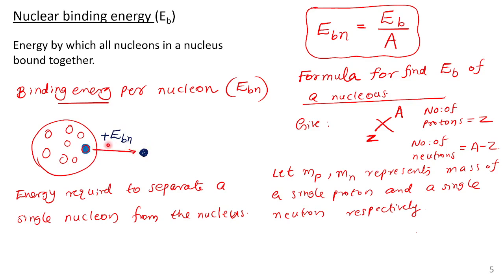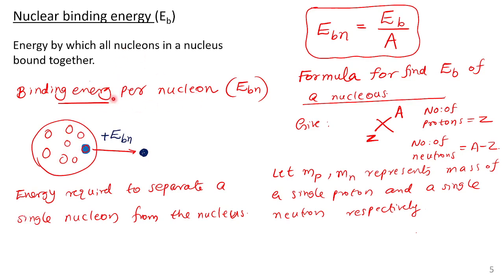Understood? So what does total binding energy mean? Total binding energy is the total energy required to separate all the nucleons. Nuclear binding energy can be defined as the total energy required to separate all the nucleons.